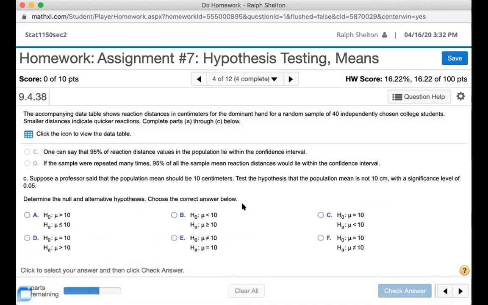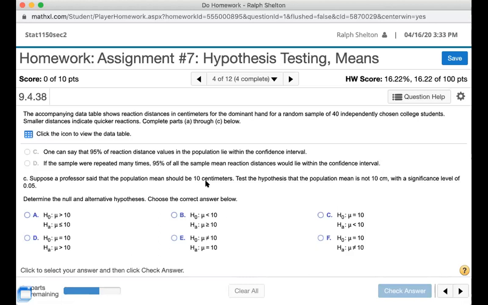Okay. Suppose a professor said the population mean should be 10 centimeters. Test the hypothesis that it's not 10. So our null hypothesis H0 is that mu equals 10 centimeters, or we could call that mu sub naught. And our alternative hypothesis is mu sub naught is not equal to 10.